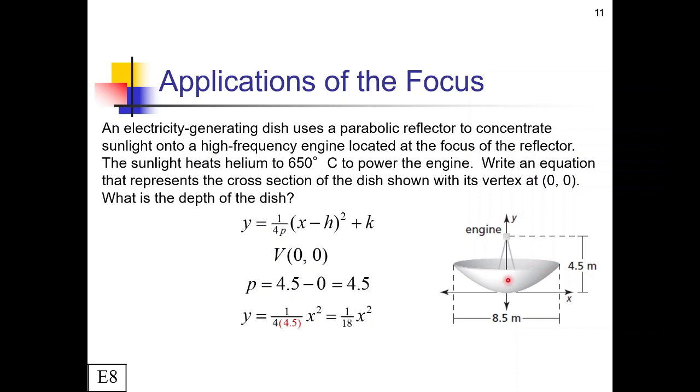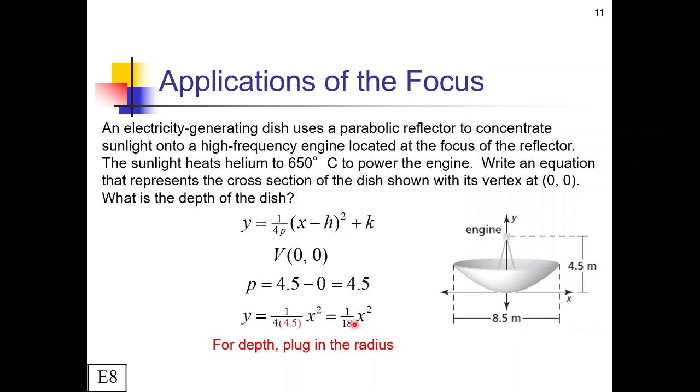What's the height when I plug in whatever this x value over here is? Well, what is this x value? Since this is the distance from the center of the dish to the outer rim here, it's essentially the radius of the dish. So to get the depth, we end up needing to plug the radius into this formula here. Well, what's the radius? The diameter of the dish given down here is 8.5, so the radius is just half of that, 4.25.